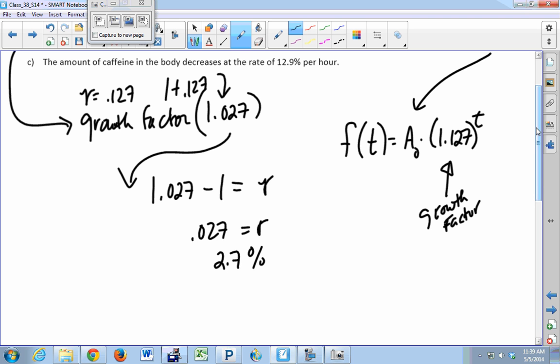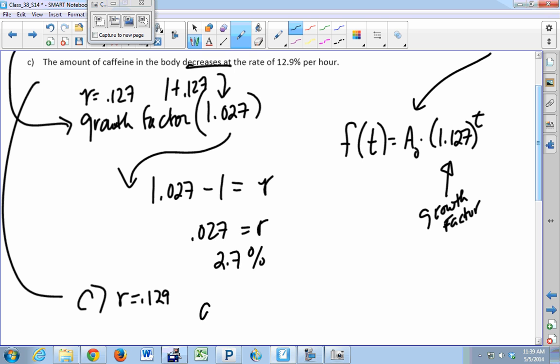So the amount of caffeine in the body decreases, so automatically, what type of number are you going to have for your factor? Is it going to be a number bigger than 1 or a number between 0 and 1? 0 and 1, because we're talking about exponential decay. So for C, R equals 0.129. That's 12.9%.